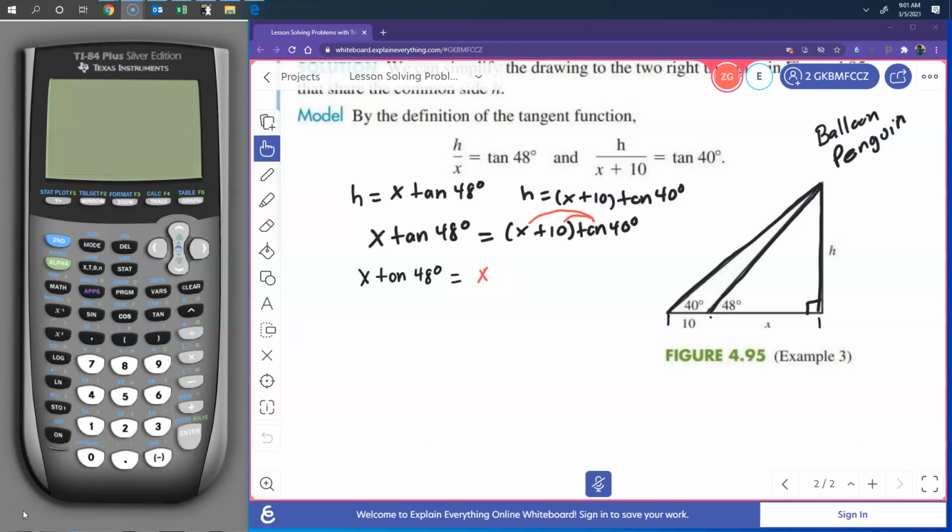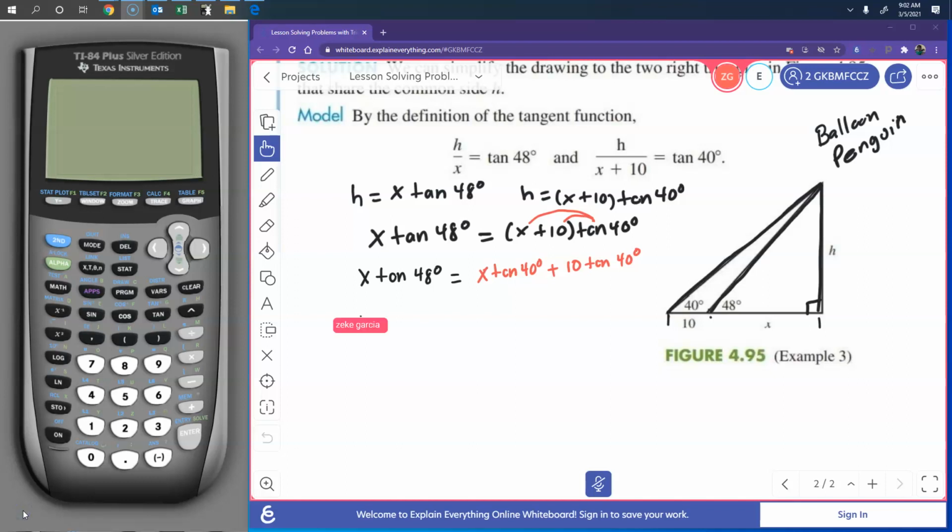So you have x times the tangent of 40 degrees plus 10 times the tangent of 40 degrees. Now, that 10 tangent of 40 degrees is fine where it's at. You notice that we have x on both sides. Think about what we have to do. So go ahead and make sure you pause the video right now.